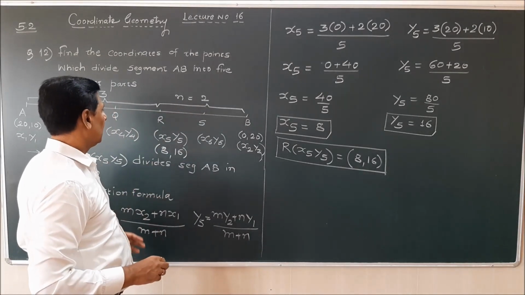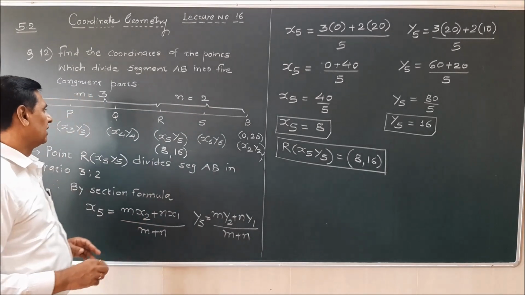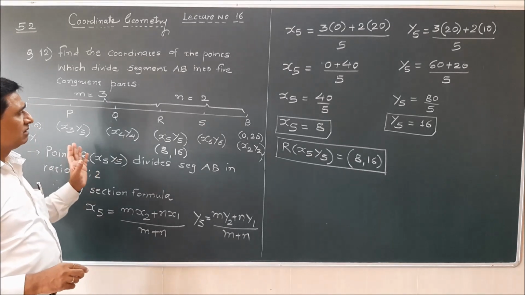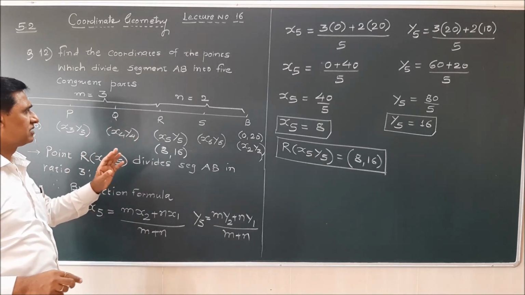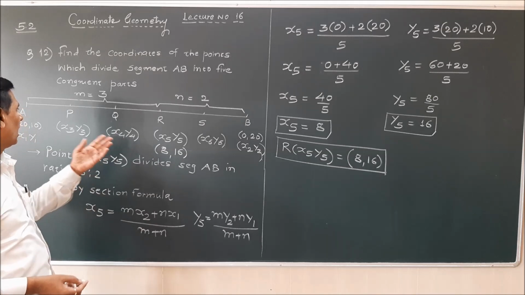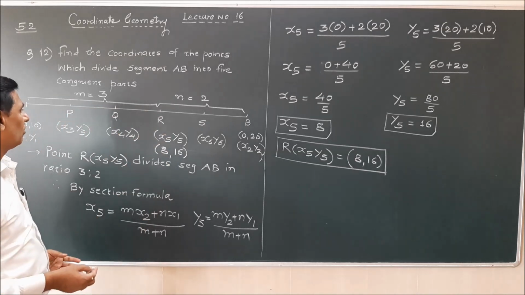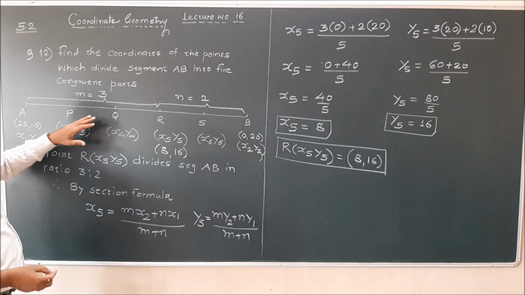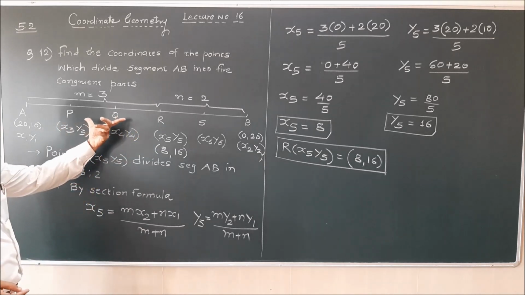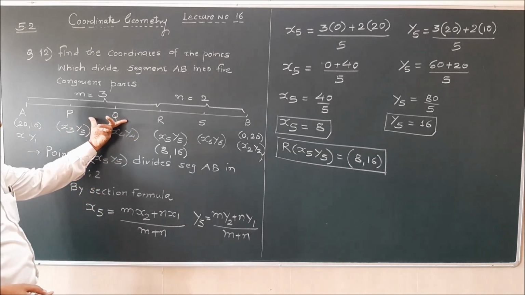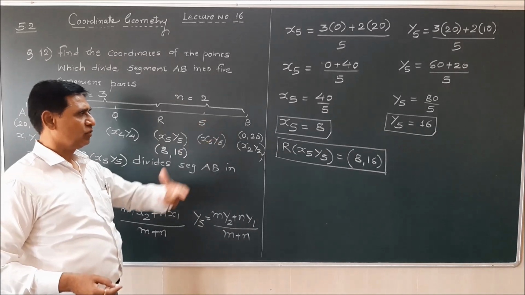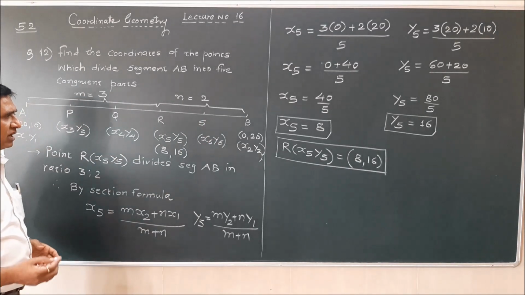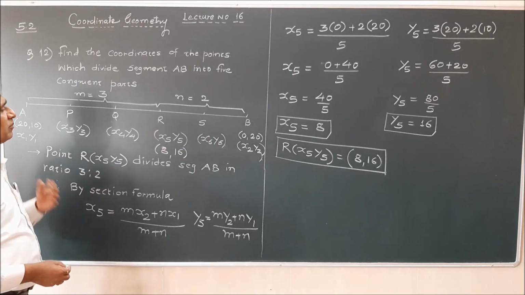So after getting R, you will still notice one thing. R is the midpoint of QS, and of course R is even the midpoint of PB. That's fine. Here you will find 2 parts this side as well as 2 parts this side. So here you can surely use the midpoint formula.